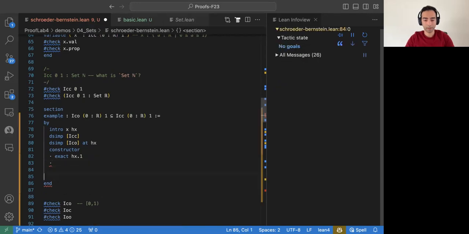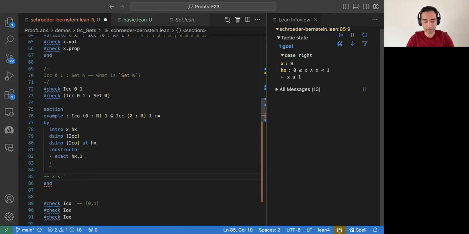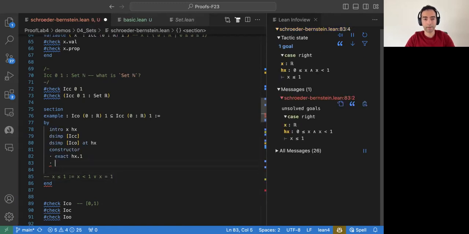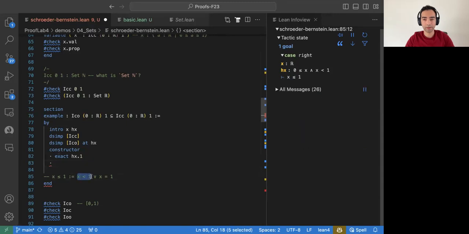So let me make a comment here. x less than or equal to 1 literally means that x is less than 1 or x is 1. Right? So therefore, we are trying to prove an OR statement. And we already know that x is less than 1.